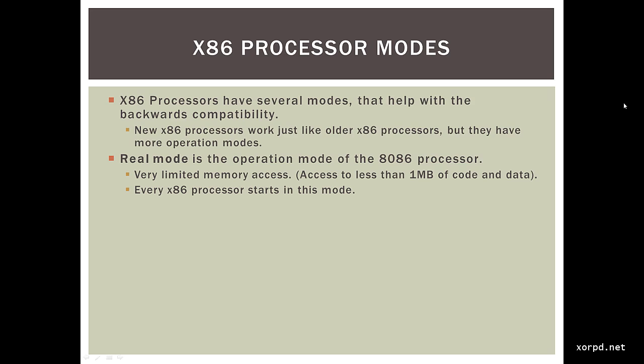Real mode is the operation mode of the 8086 processor. It has a very limited memory access. Just for example, you can access less than 1 megabyte of code and data, which is very unfortunate. Programmers that used to program the 8086 processor in real mode had many difficulties, because most of the time it's not very easy to put all your code in such a small place.